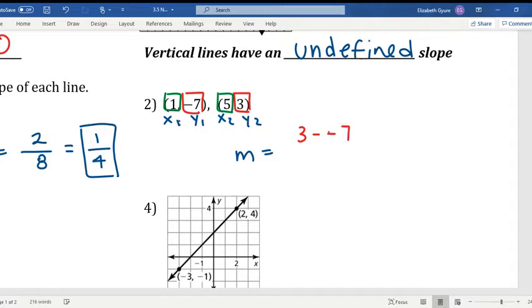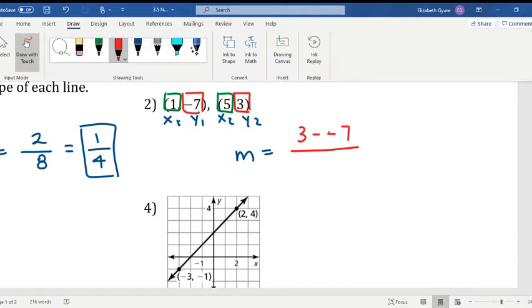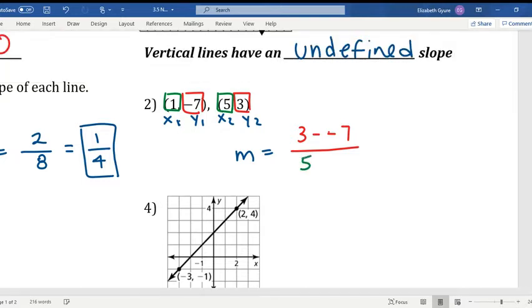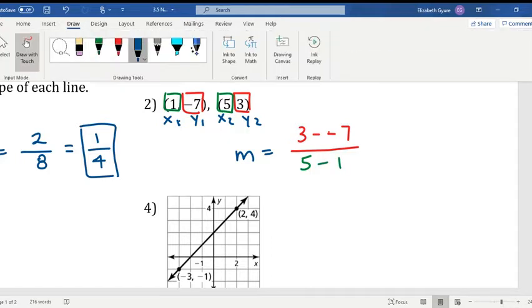So on top, you should have 3 minus a -7. Then put your fraction bar, and then on the bottom, Hayden, what's your x2 value? 5. And then Corey, what's your x1 value? 1. So we'll have 5 minus 1. And then we're going to simplify.